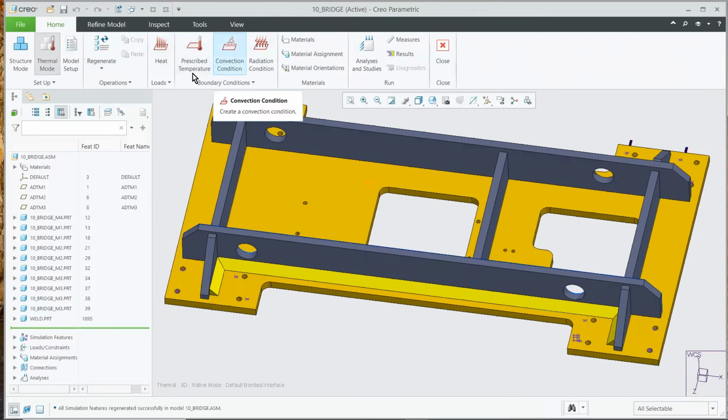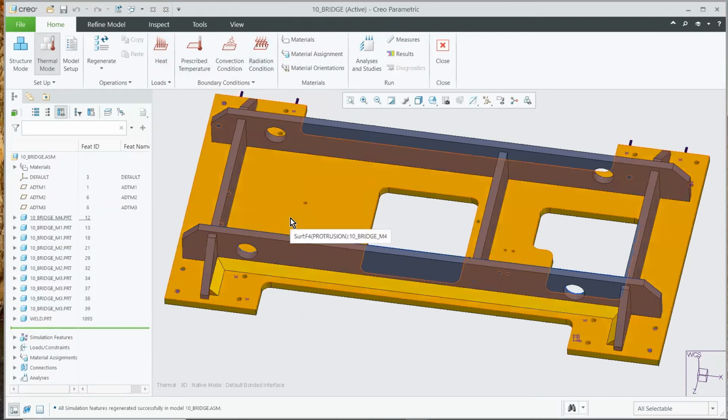So instead of loads, we have heat, we have prescribed temperatures, convection. We also remember, because we have the advanced simulation model, we can also use radiation if we chose to do that. But let's take a look at the load.